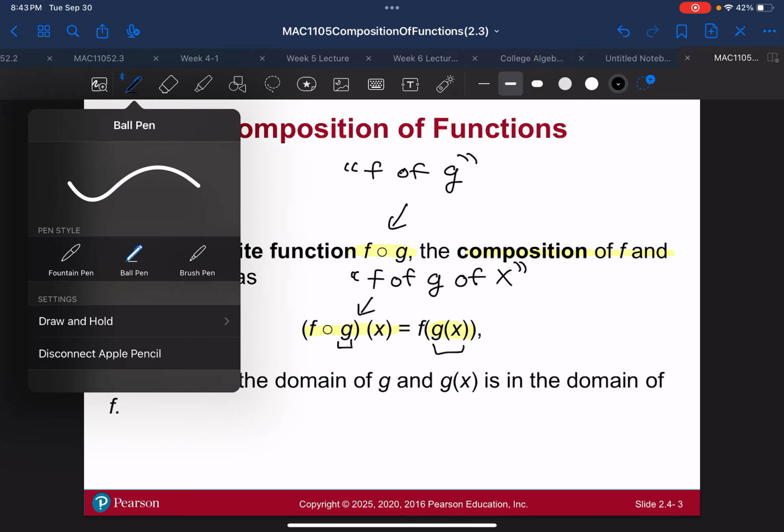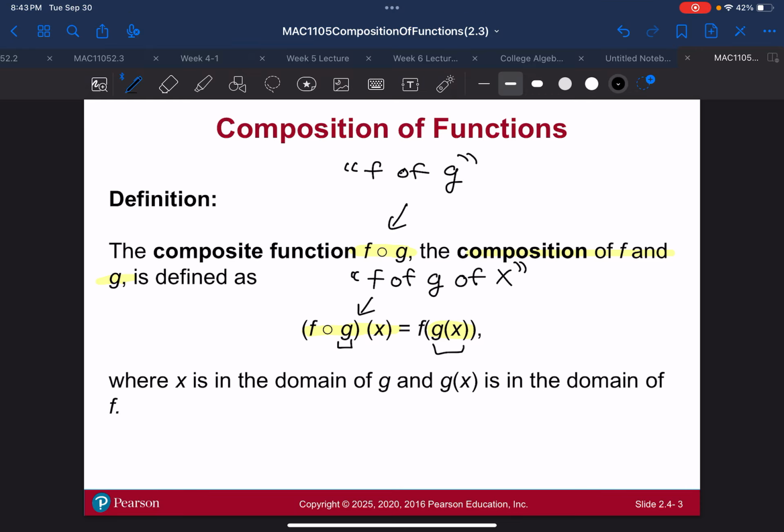Just like if I asked you to find f of 2, this tells you to plug 2 in to the function f everywhere you see x. That is what this means. So this is actually also a composition of two functions.